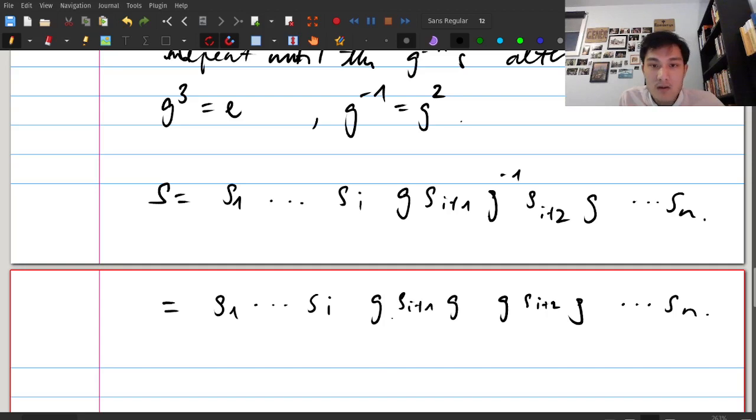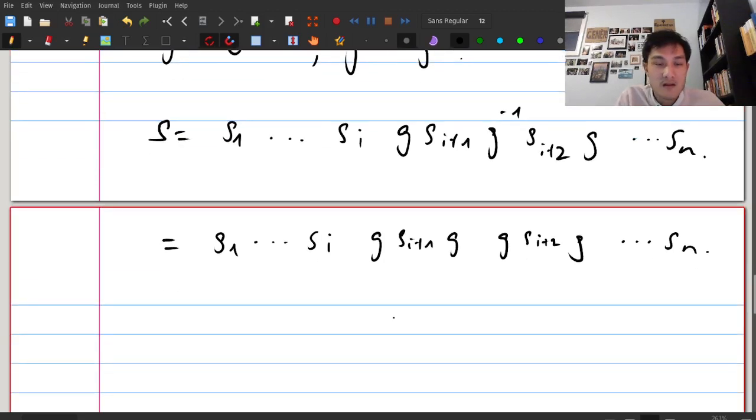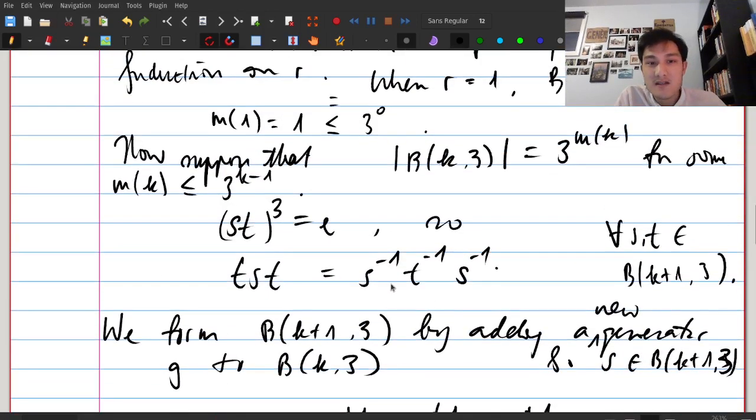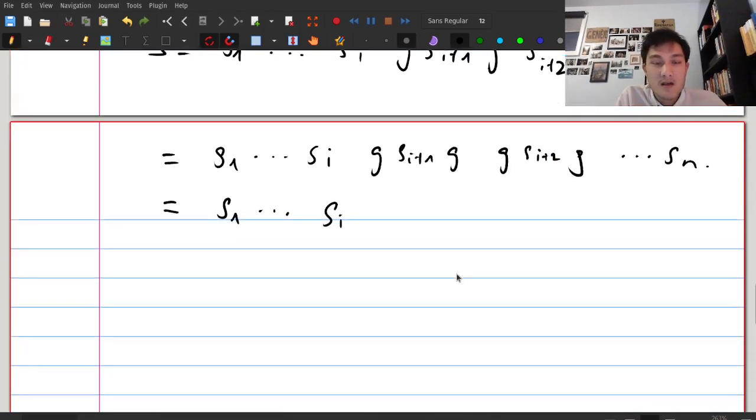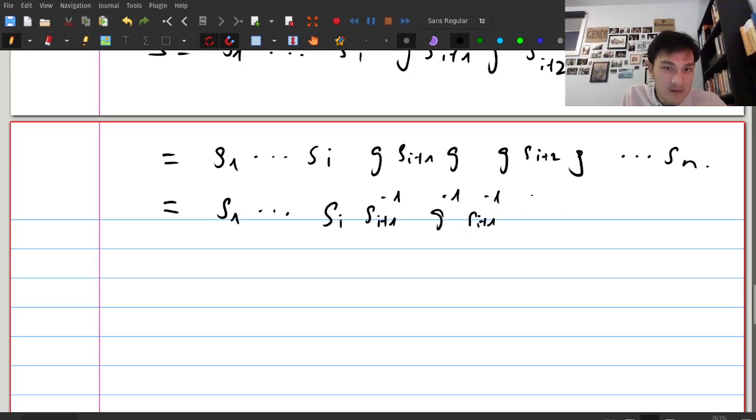But now that's interesting, because we can change this to Si, G, Si plus 1, G by what we had before. Remember this rule, the TST is S inverse T inverse S inverse. This becomes Si plus 1 inverse, G inverse, Si plus 1 inverse.